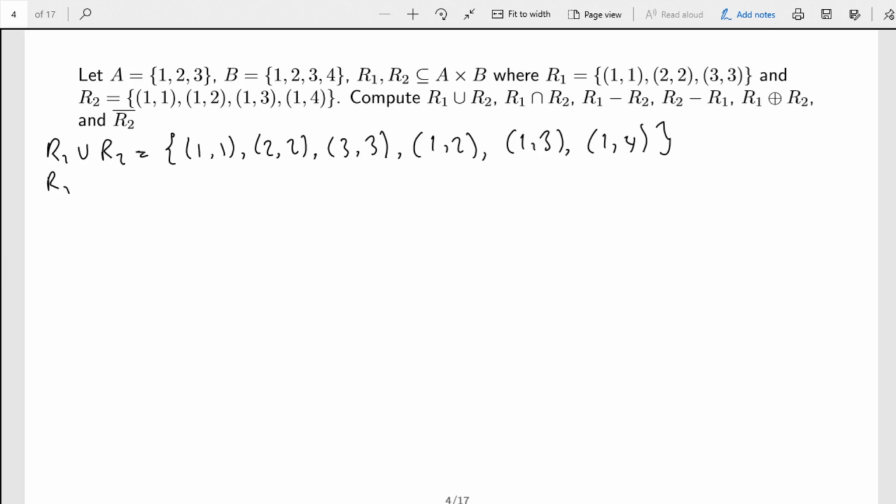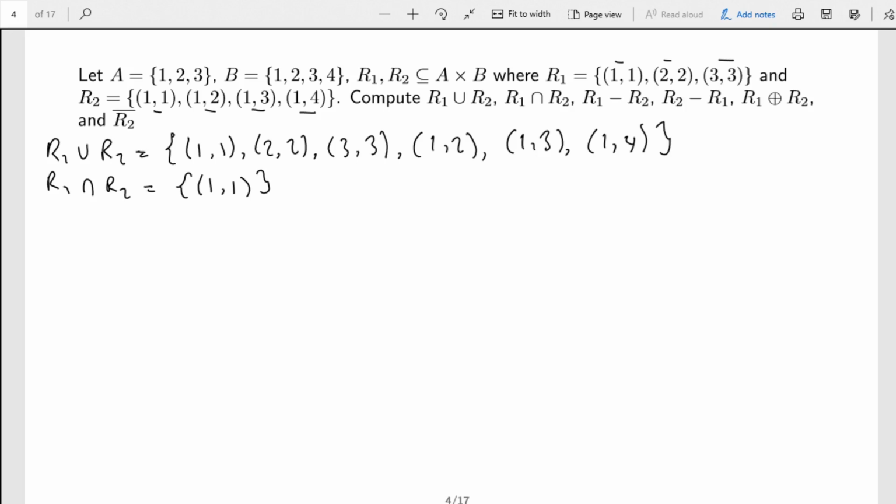Whereas R1 intersected with R2 is the set of pairs that are in both R1 and R2. In R1 you have (1,1), (2,2), and (3,3), whereas in R2 you have (1,1), (1,2), (1,3), and (1,4). Looking at these two sets, the only pair that appears in both is (1,1). So this intersection contains just one pair.